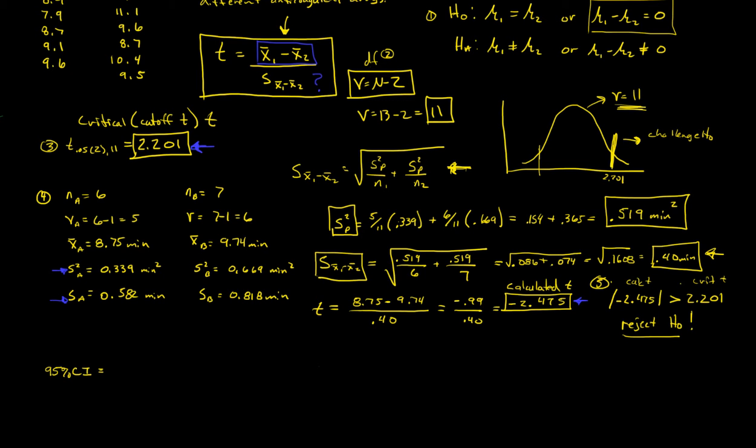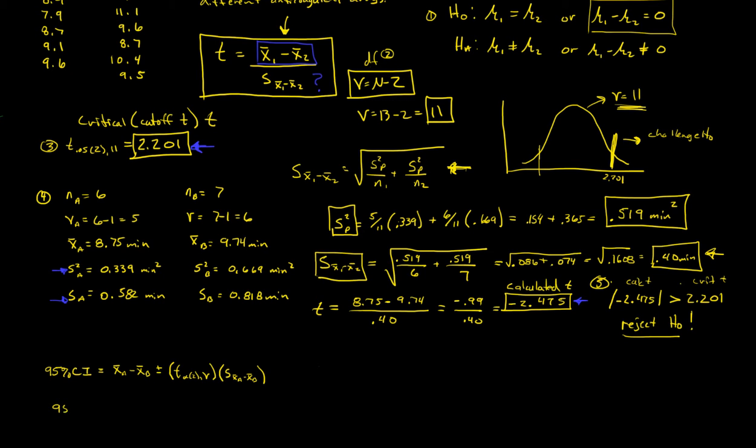It takes the general form: the mean of group A minus the mean of group B. You get a mean difference score, and then you add and subtract from it the product of the critical t, at your chosen alpha, two-tailed, and at a particular degrees of freedom, multiplied by the standard error of the differences between mean A and mean B. So that is your generic form here.